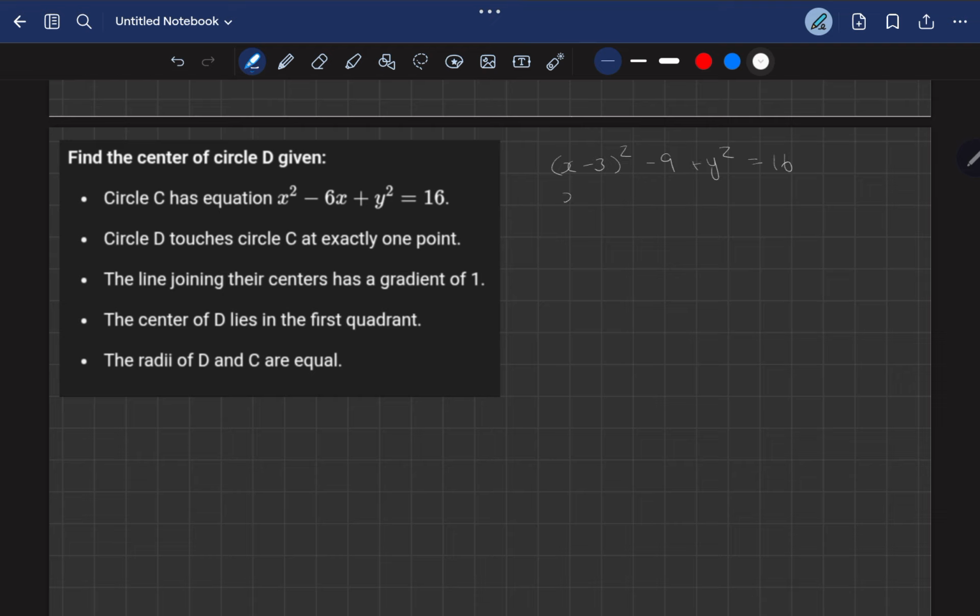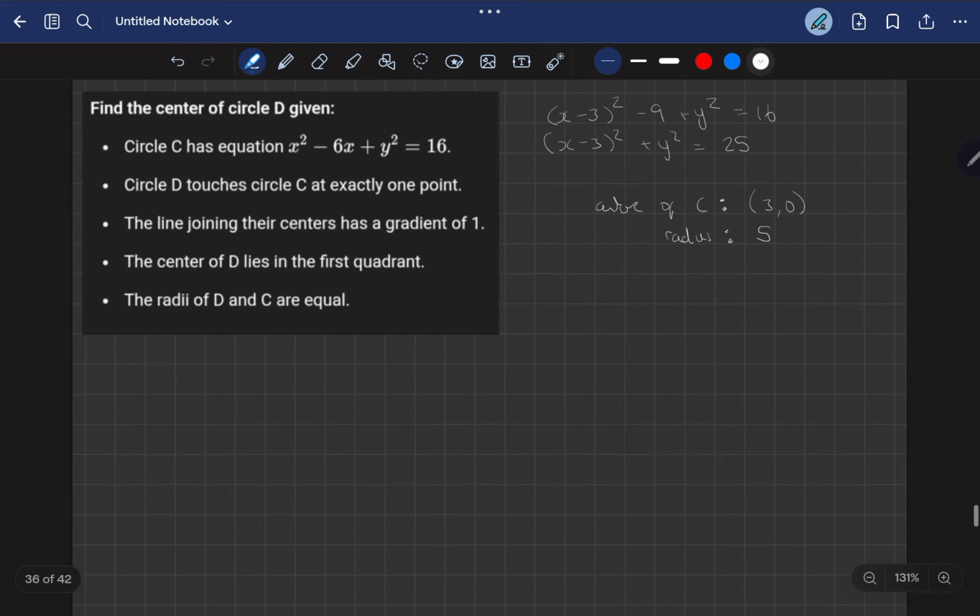Add 9 to both sides, is equal to 25. Now from this equation, I know that the center of C is (3, 0) and its radius is 5, because the square root of 25 is 5.